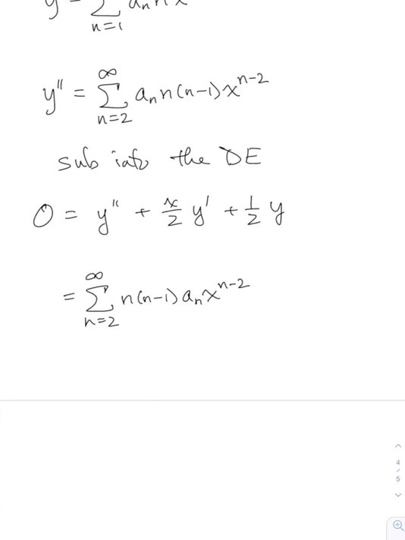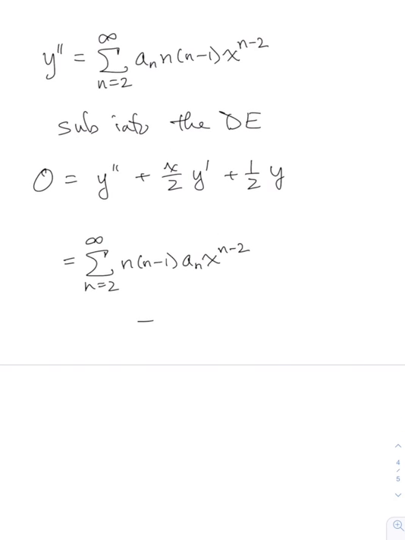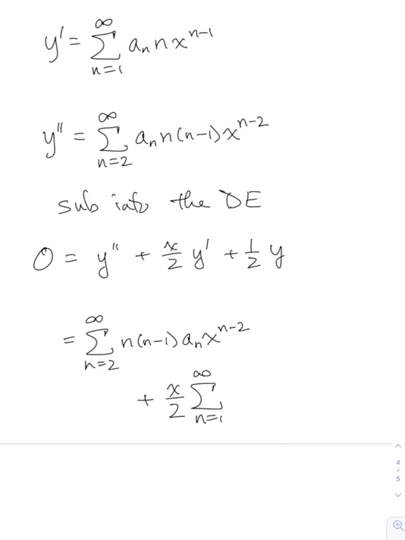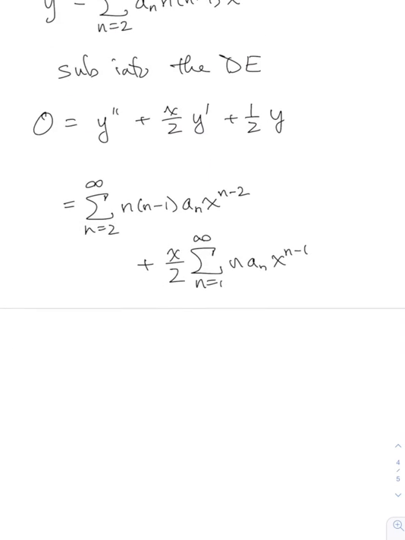Okay, plus x over 2 times y prime. y prime starts at 1, and there it is, n a_n x to the n minus 1, plus 1/2 times y. y is the sum as n goes from 0 to infinity of a_n times x to the n.